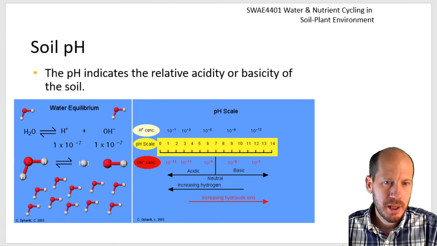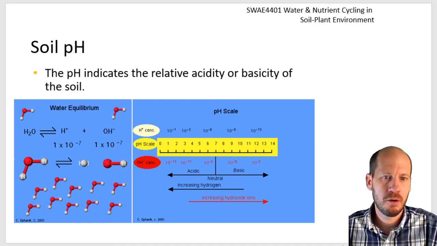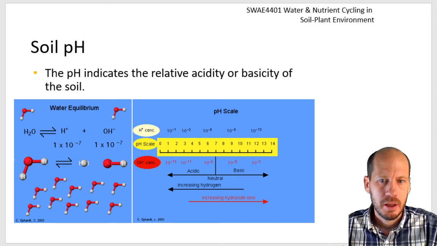Pure water at pH 7, neutral conditions, will have a concentration of 10 to the minus 7 moles per liter of free hydrogen. So this is neutral condition.